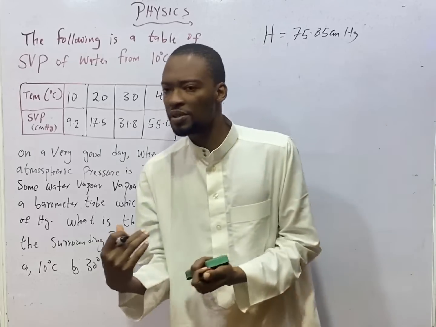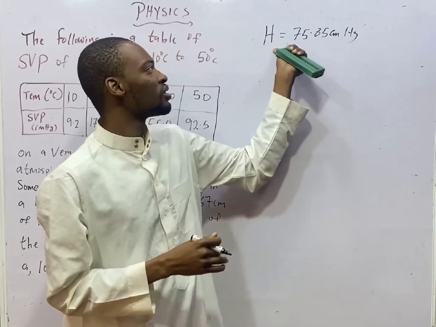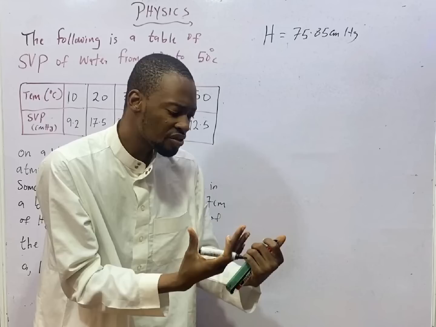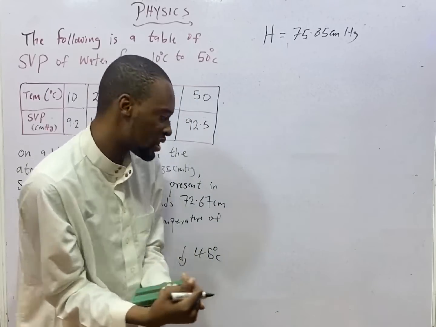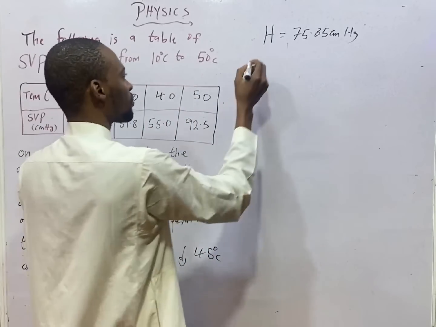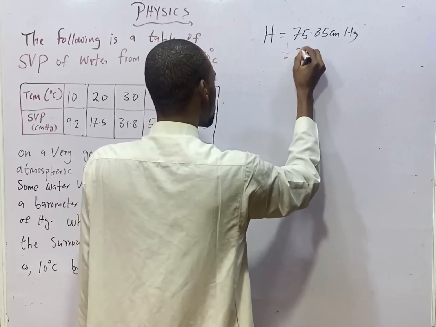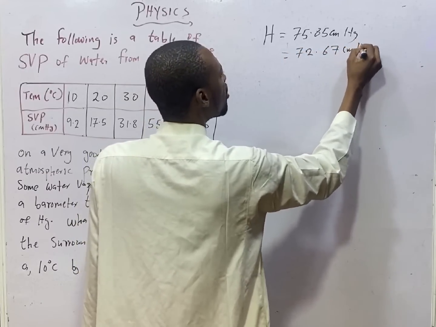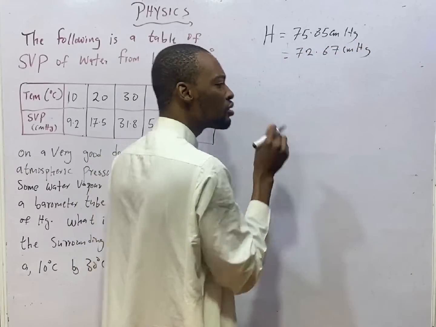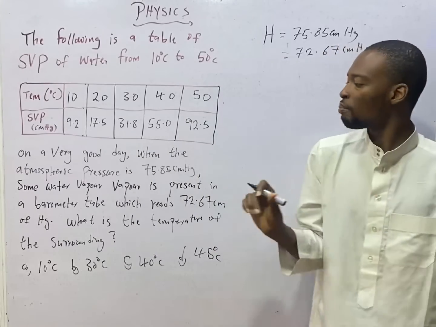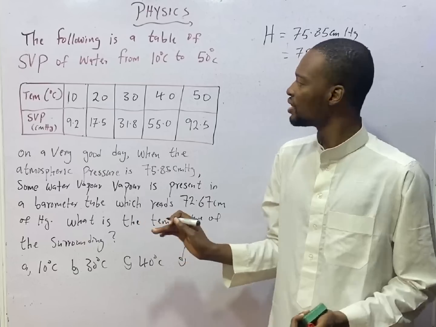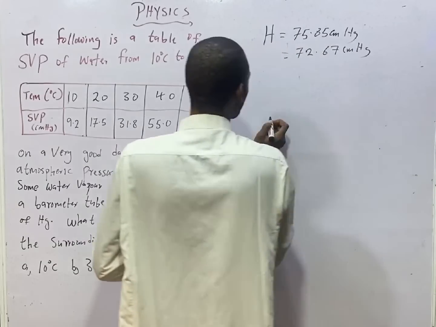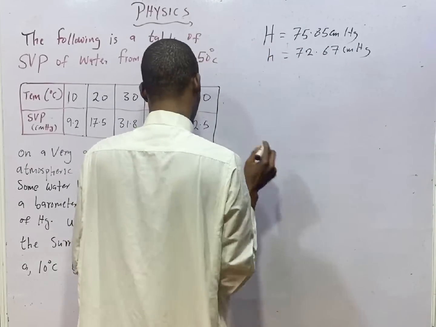The atmospheric pressure is this, but when the reading was done using a barometer, the result we got was 72.67 centimeter of mercury. The barometer reading is noted as small h.